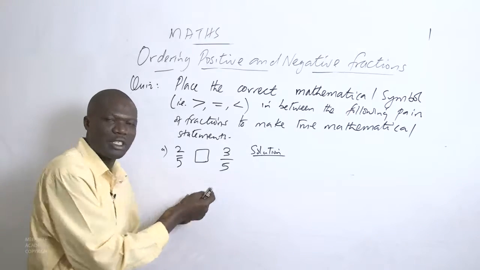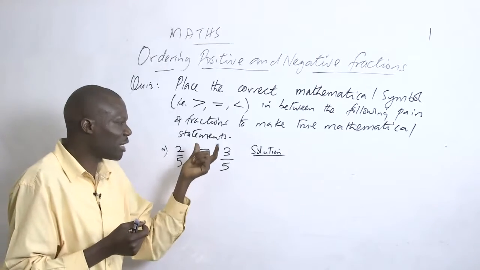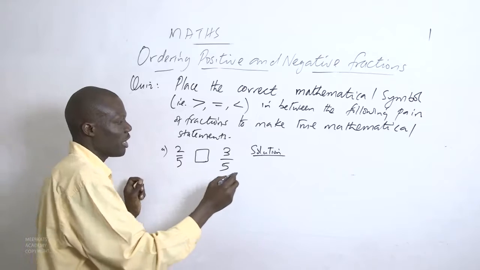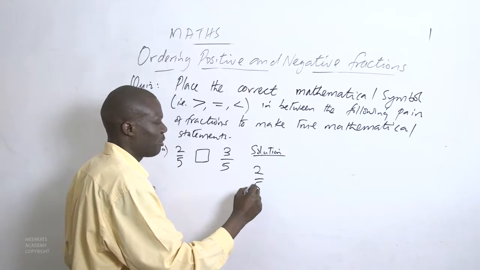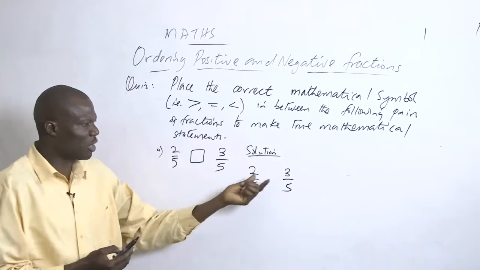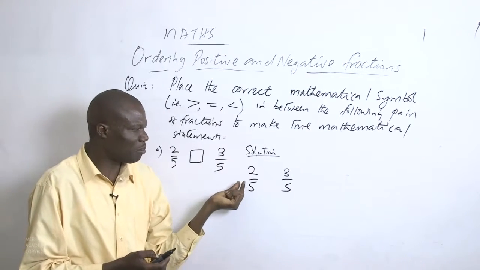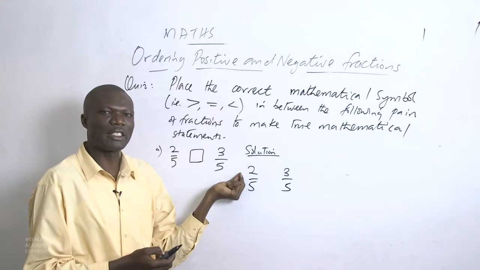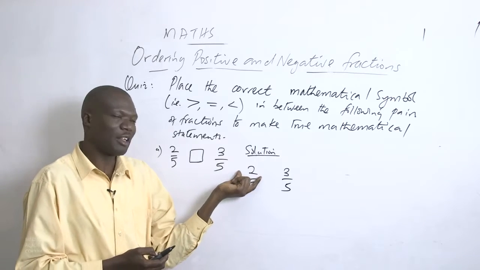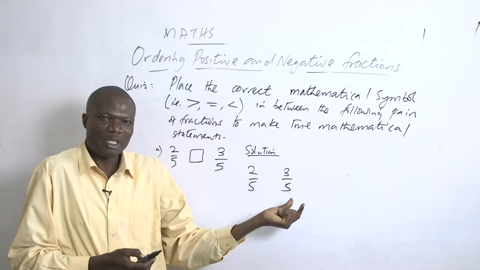So we have 2 over 5 and 3 over 5. The denominator is the same, but the first one has the least numerator compared to the second one. Therefore, it is the smallest.